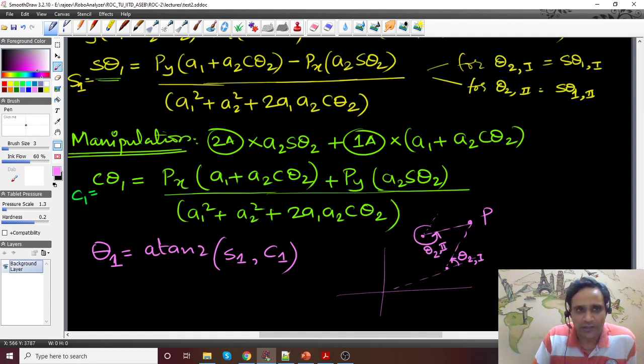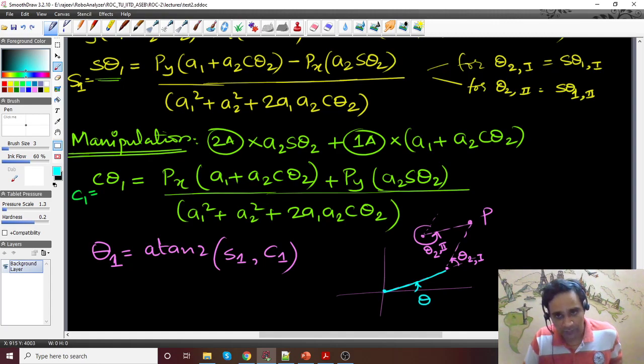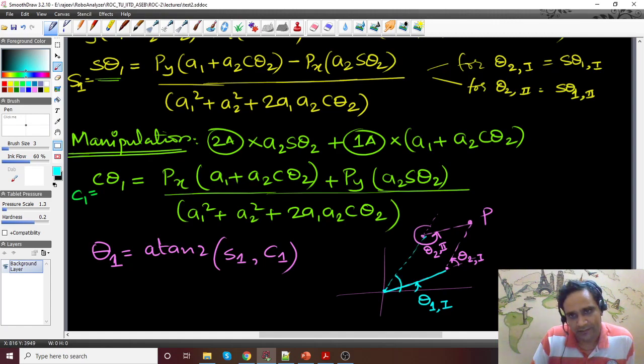Based on which one you take, you will be finding out this angle. So this will become theta 1 first solution, and the other one, from here till there, will become theta 1 second solution. So technically you will have two sets. One is a solid set.